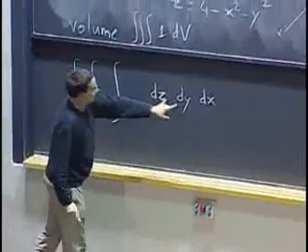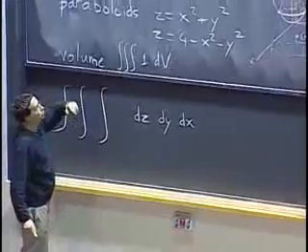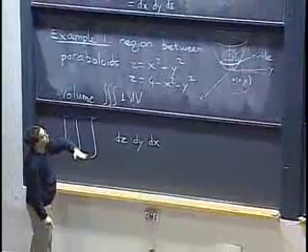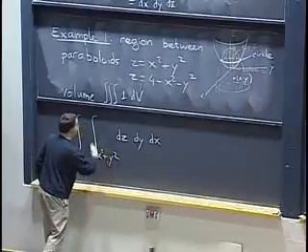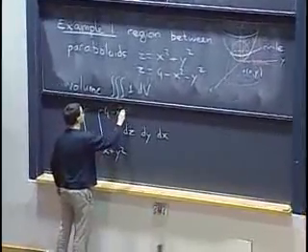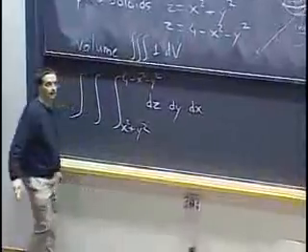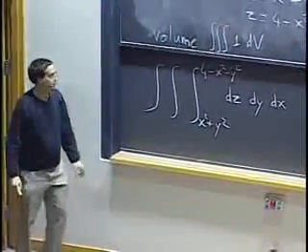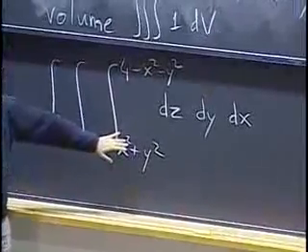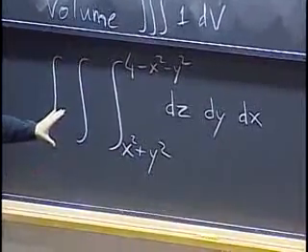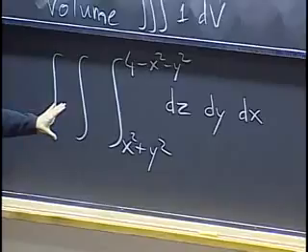Then for a given value of x and y, I claim z goes from the bottom surface, the bottom face z equals x squared plus y squared, to the top face, 4 minus x squared minus y squared. Okay? Is that okay with everyone? Any questions so far? Yes?